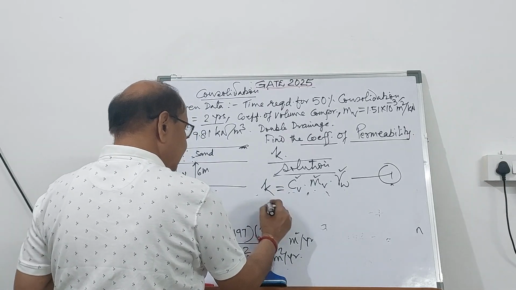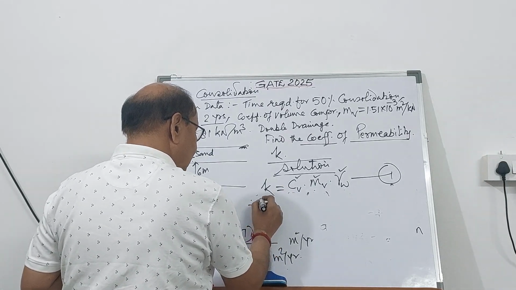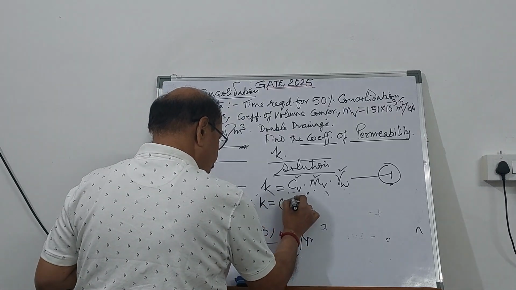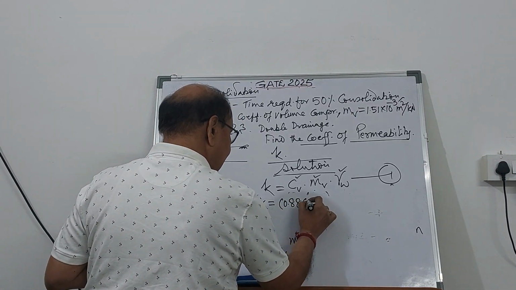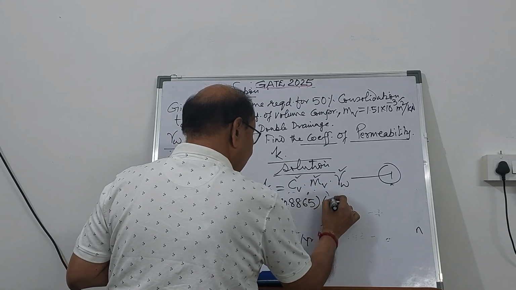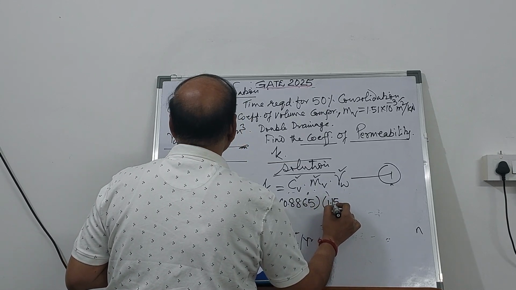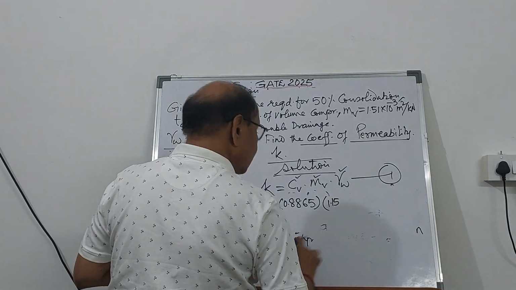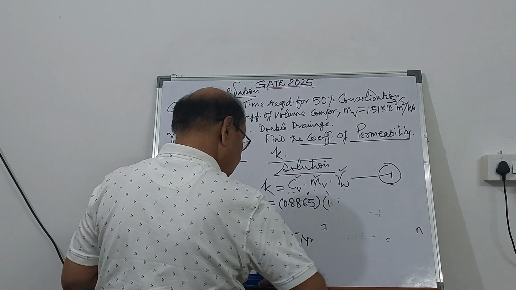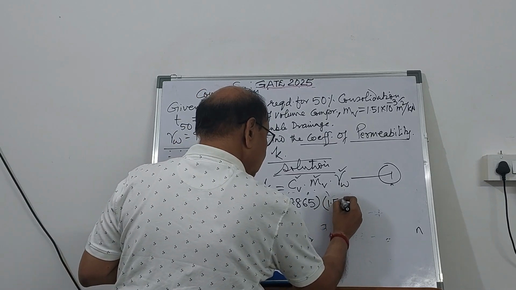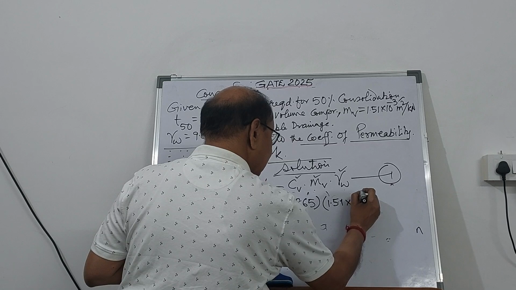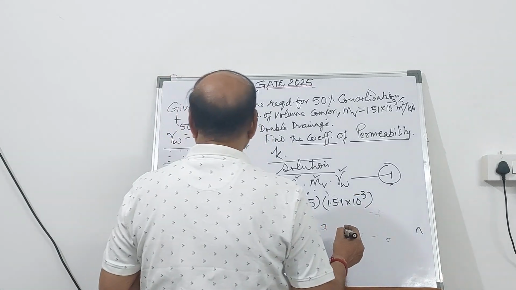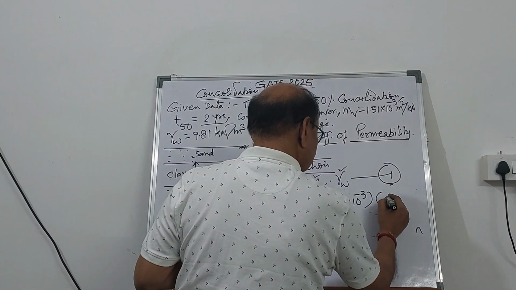So substituting, the coefficient of permeability will be 0.8865 multiplied by 1.51 into 10 raised to minus 3 into 9.81.